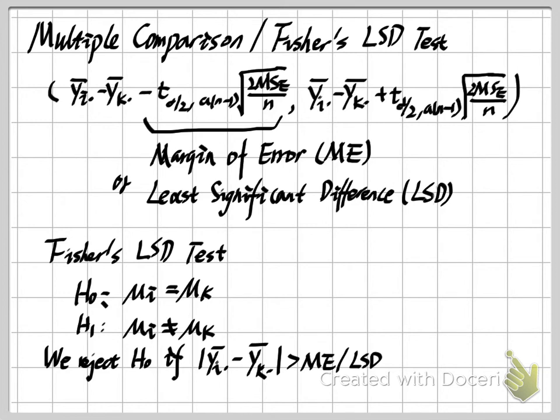Then of course, no matter whether we use the F test or not, we may be interested in the multiple comparison, and then maybe we can just use multiple comparison for all of them.